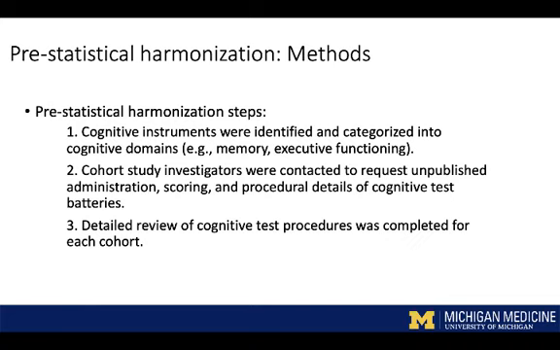And in order to get all of this rich procedural information about how the tests were implemented, we contacted cohort study investigators. And we requested their unpublished administration, scoring, procedural details, the test forms that they used, any instructions to the interviewers, et cetera. And then we spent quite a bit of time going into the details for each test.